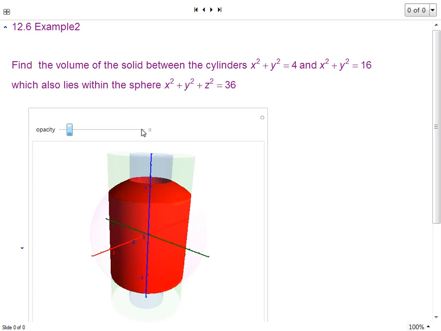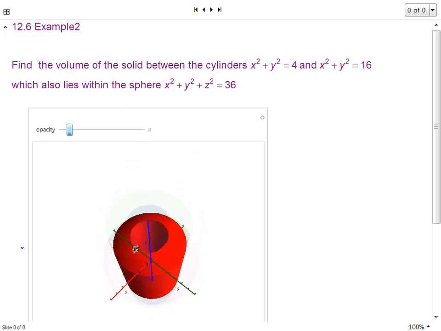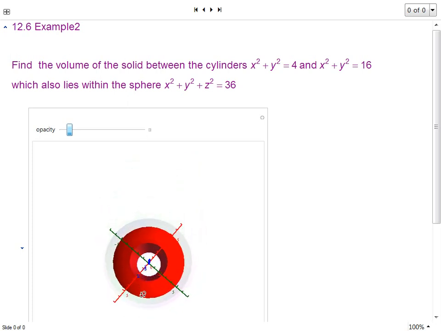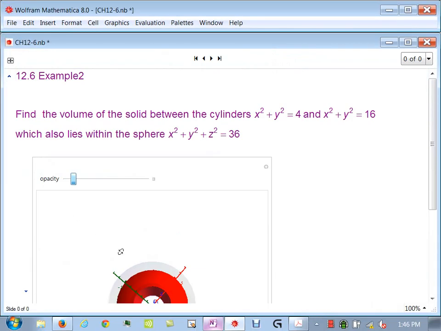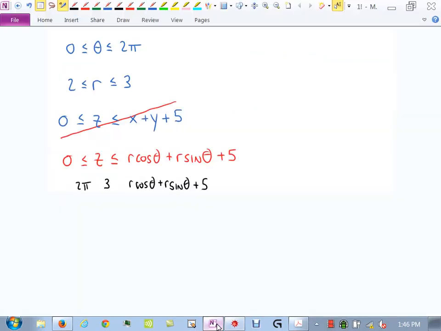Okay, so looking at this thing from the top, the shadow of the region we're talking about is again polar. So example 2, I'm not going to write the whole thing out.